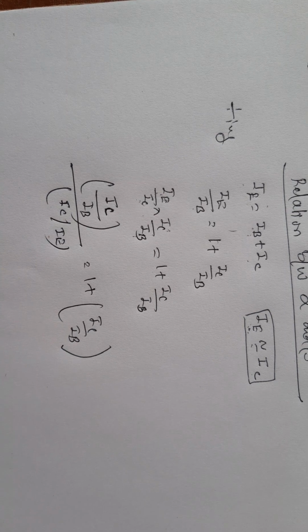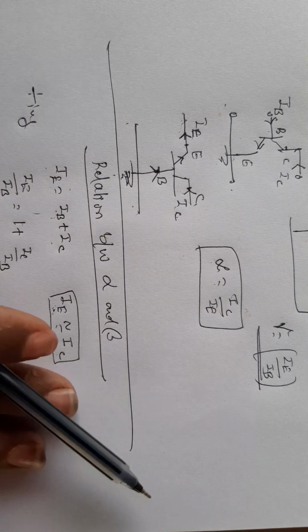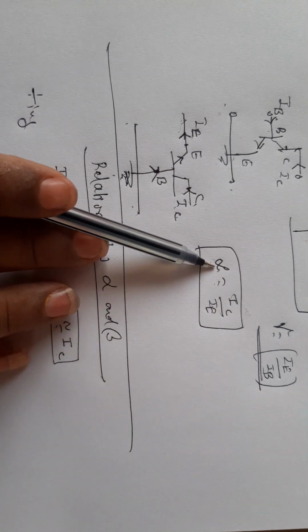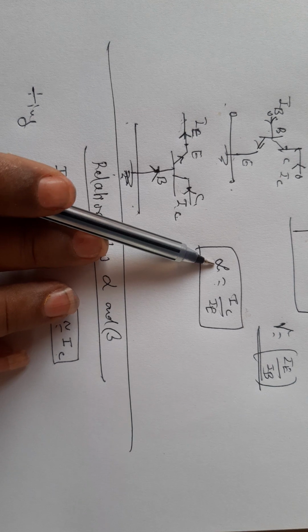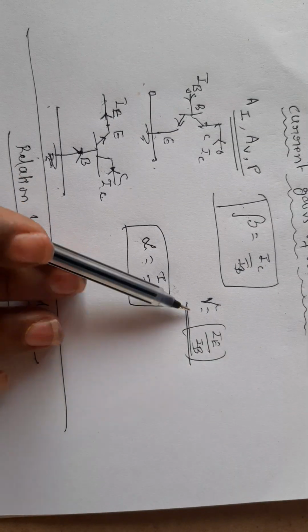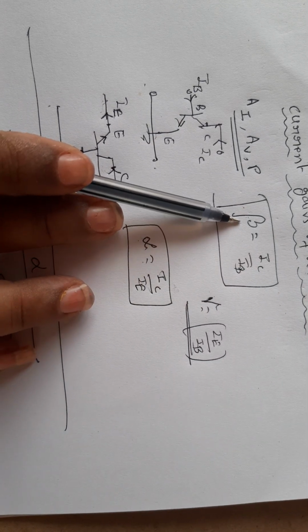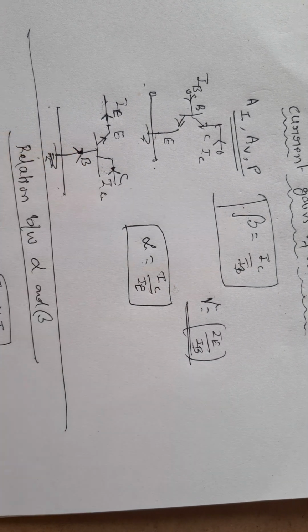Now, what is IC by IE? You see here, IC by IE is equal to alpha, the current gain in common base. What is IC by IB? IC by IB is beta, the current gain in common emitter.